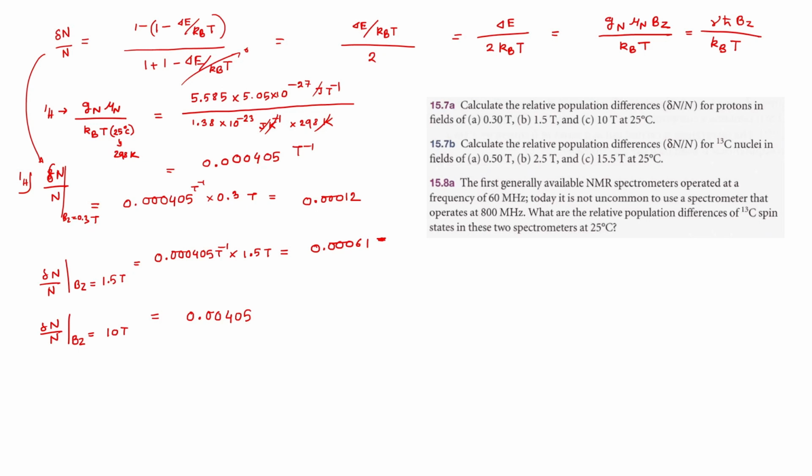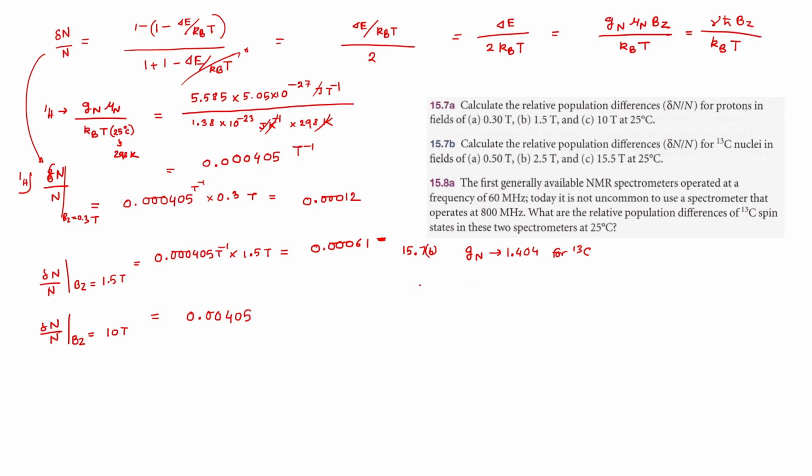So the same thing can be done for this question, 15.7b, where we know that g n for 13C is 1.404.